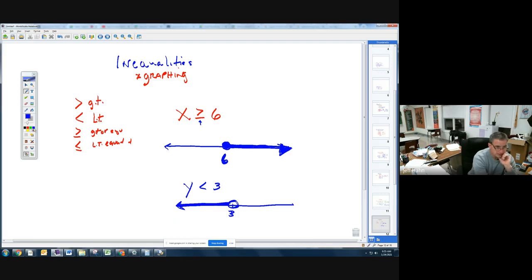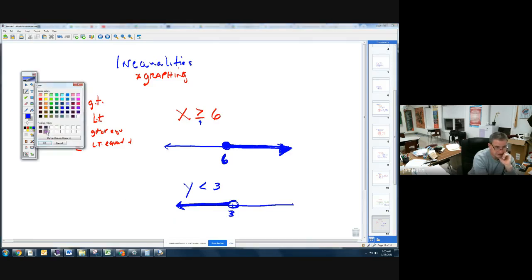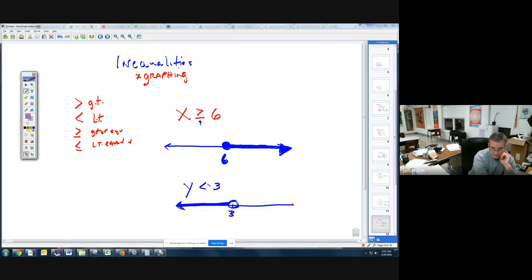Now, a helpful little hint: the inequality sign points to the same side of the arrow that you darken in and make bigger. Notice back up here when x was greater than 6, this little inequality looked like this. That's the same sign as my arrow there.